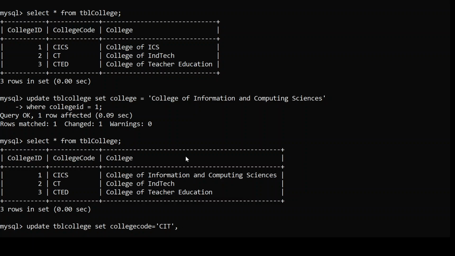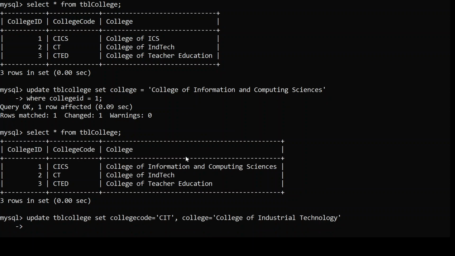Set college code CIT, then comma, college equals College of Industrial Technology. So don't forget to use the where clause.